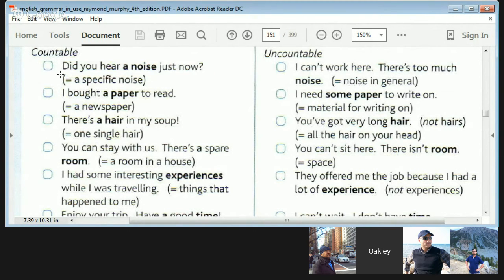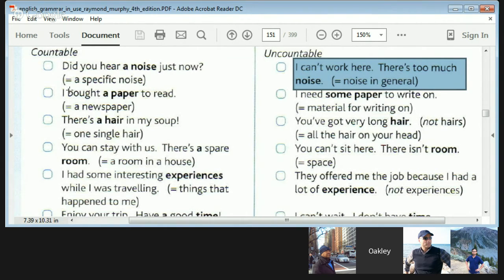If you're talking about a specific noise. However, if you use the word noise in general, I can't work here. There's too much noise. All the time in general, often there's noise. Not a specific sound, okay, but noise in general.